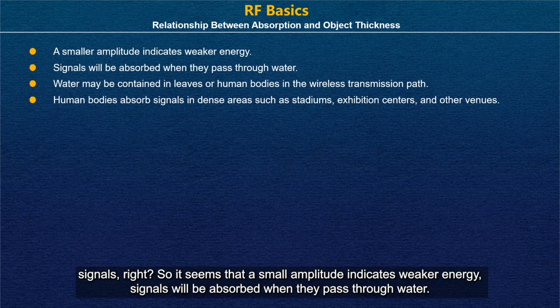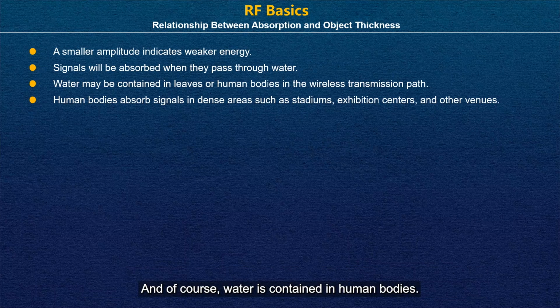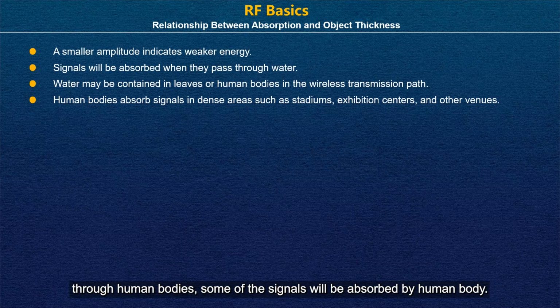So it says that a small amplitude indicates weaker energy. Signals will be absorbed when they pass through water. And of course, water is contained in human bodies. So when the signal transfers through human bodies, some of the signals will be absorbed by our human body.